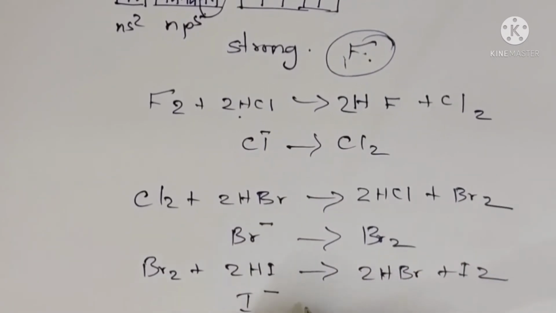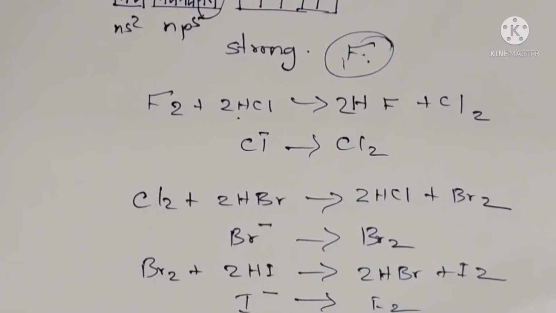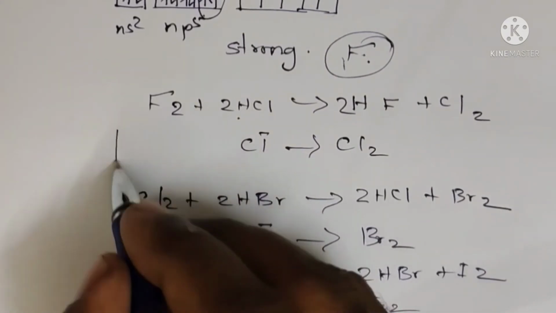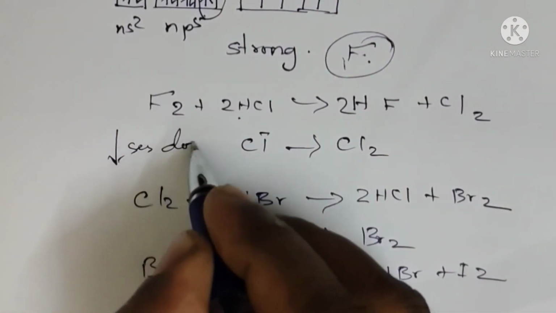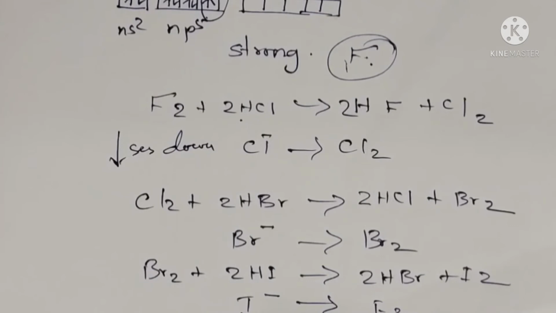The I minus present in this reaction gets oxidized to I2. This indicates the oxidizing nature decreases down the group. When we move from top to bottom, the oxidizing nature decreases.